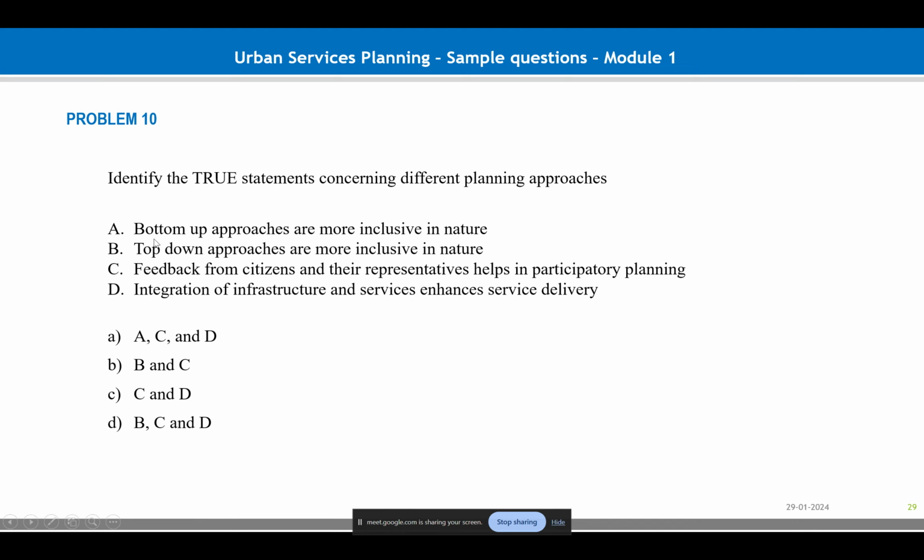So that is why bottom up approach is what we always need, and that involves more of people's participation, and that's more inclusive. Then C, feedback from citizens and their representatives helps in participatory planning. Yes, that statement itself is understandable. Then integration of infrastructure. We have also discussed this. This is a major problem, where infrastructure and services are not integrated. So that's something which we need to look into.